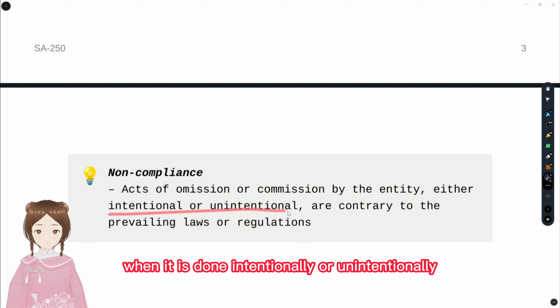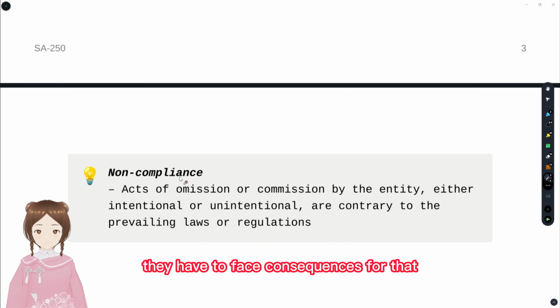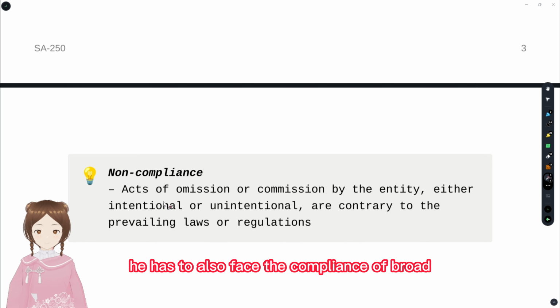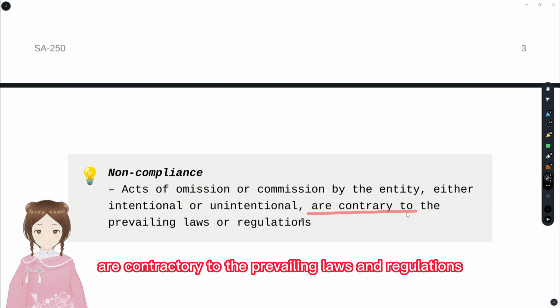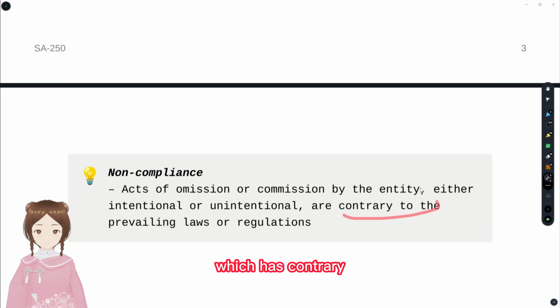When it is done intentionally or unintentionally, it is a non-compliance, and they have to face consequences for that. But when it is done intentionally, they also have to face the consequences of fraud, including non-compliance, or acts contrary to the prevailing laws and regulations, that they have omitted or committed, whether intentional or unintentional.